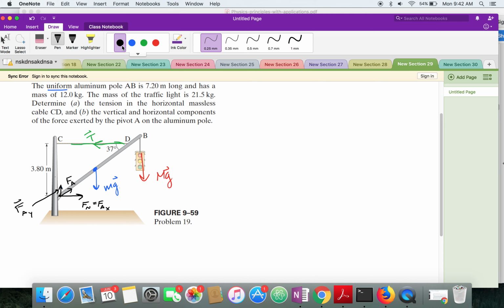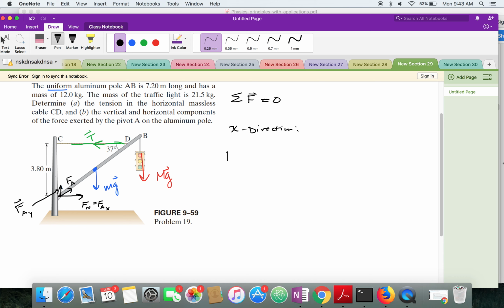Okay, so we're in equilibrium. Sum of the forces equals 0. Okay, so what are the forces? Well, we can look at both the x and the y direction, right? Let's say the x direction. We know that the tension is going to the left, and this force, FAX, is going to the right.